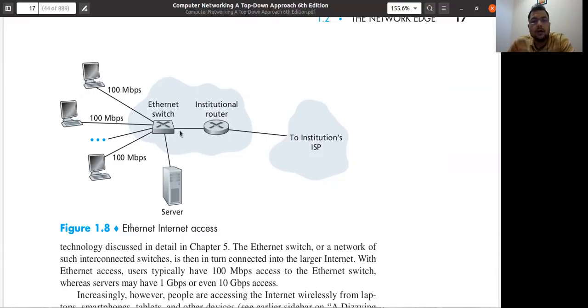If instead of a switch it were a hub, then hubs are not intelligent. What a hub would do in that situation, after receiving a frame over any of its interfaces, is reroute it to all other interfaces, irrespective of whatever physical address is written on that frame. So obviously traffic generation will be more.